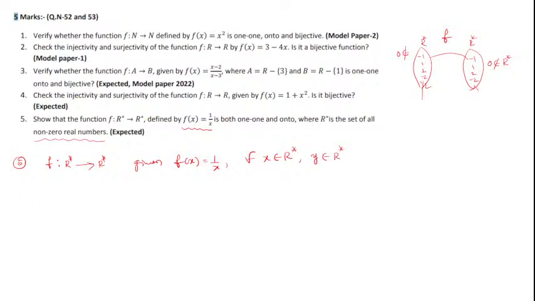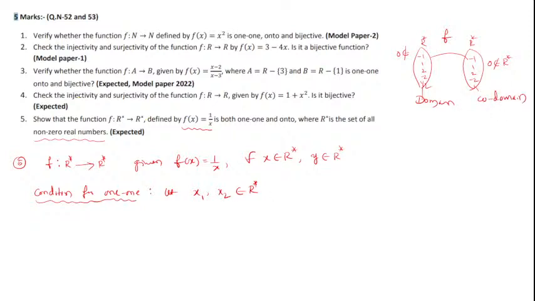See here. So in order to check the condition for 1 1, I already told you, consider any two preimages, that is, let x1 and x2 be two elements belonging to your domain R star. This is your domain part and it is your codomain.